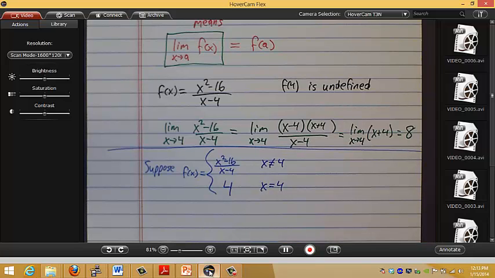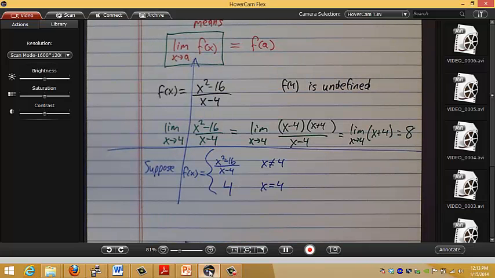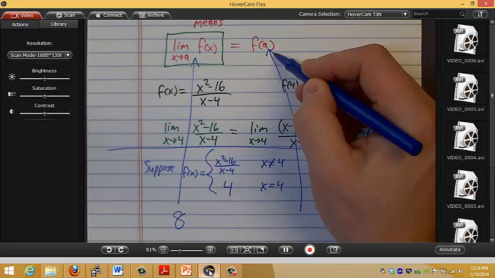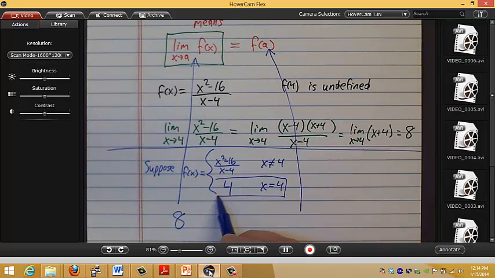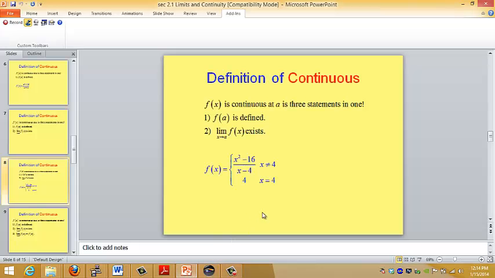This function is not continuous either. Why? Does the limit exist? Yeah, the limit equals 8. Does f of a exist? Yeah, that's this line. 4, we said the output is. Are these equal? No. You need those to be equal to be continuous.